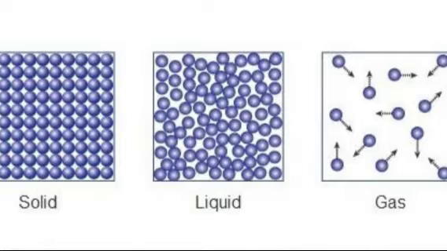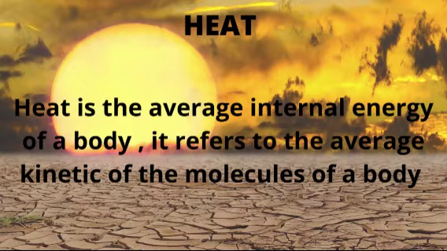But liquid has a wider space of vibration, as you can see in the diagram. And then for gas, the vibration of molecules is so much that when they move, they occupy large distances. That is why if you release gas into a room, it spreads immediately. Hence, matter has to do with molecular vibration at different phases: solid, liquid, and gas.